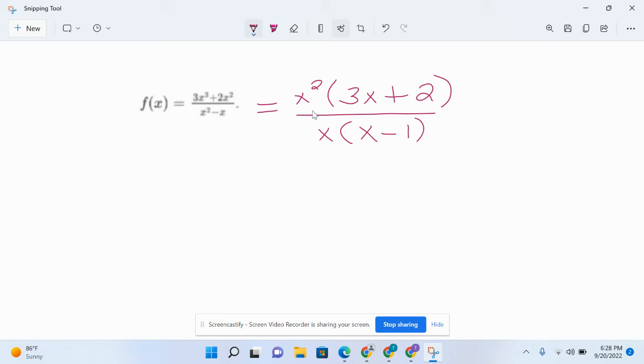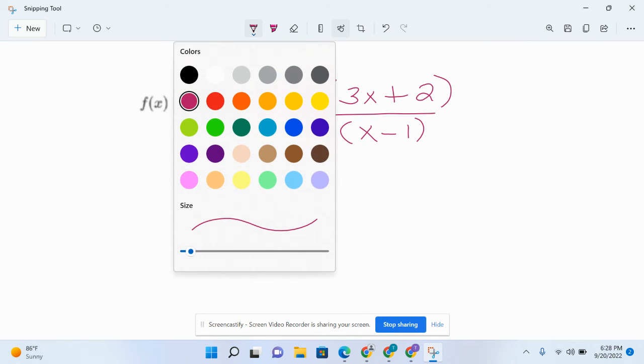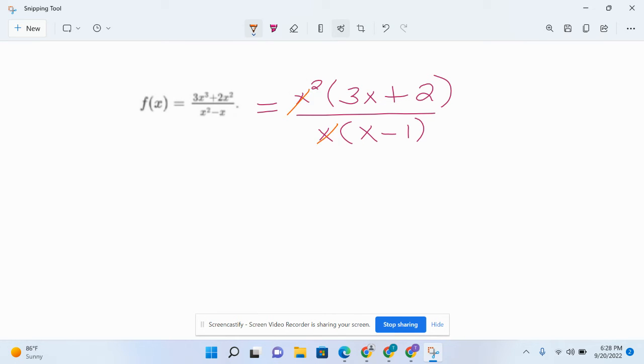Notice how this x actually cancels out. So since that x cancels out, that means at x equals 0, there is a removable discontinuity, because it canceled out.